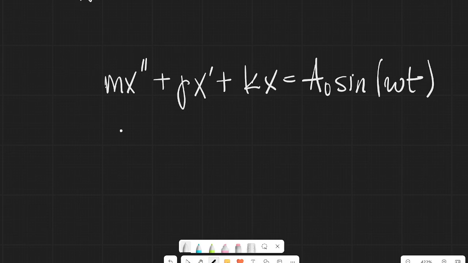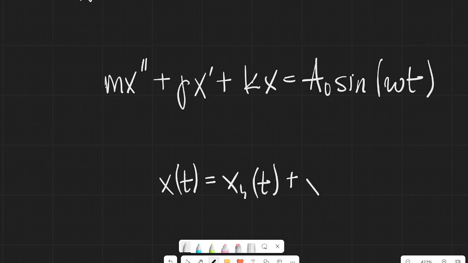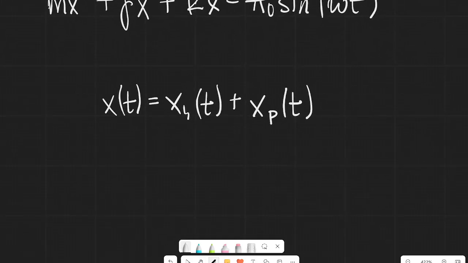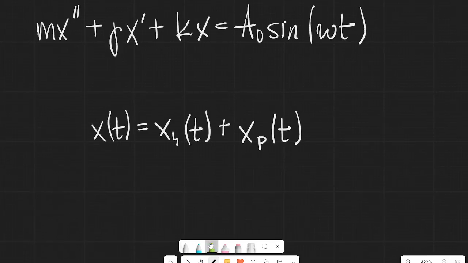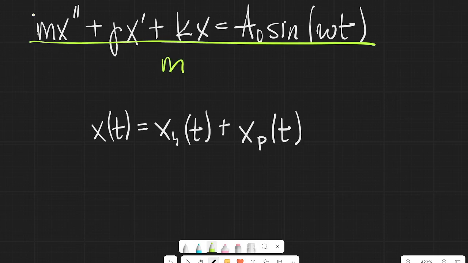We know that the form of the solution at the end of this entire process is going to look like this. This is the sum of the homogeneous part of the solution and the particular part of the solution. To get this equation into a standard form, I want to divide by m because I want to make the leading coefficient equal to 1.